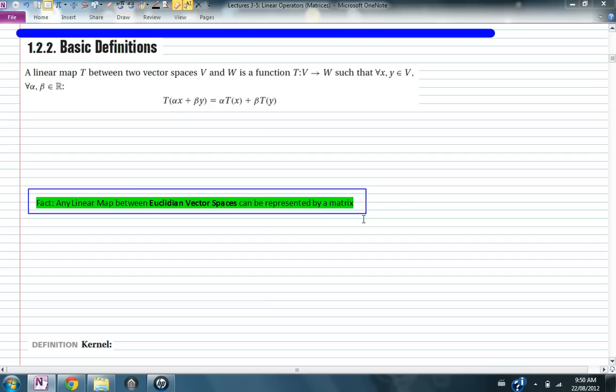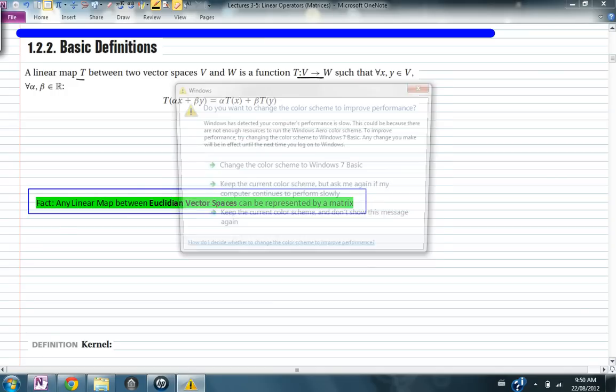So the basic definition of linear operators or linear maps: a linear map T between two vector spaces is a function T that's defined from the first vector space to the second vector space.